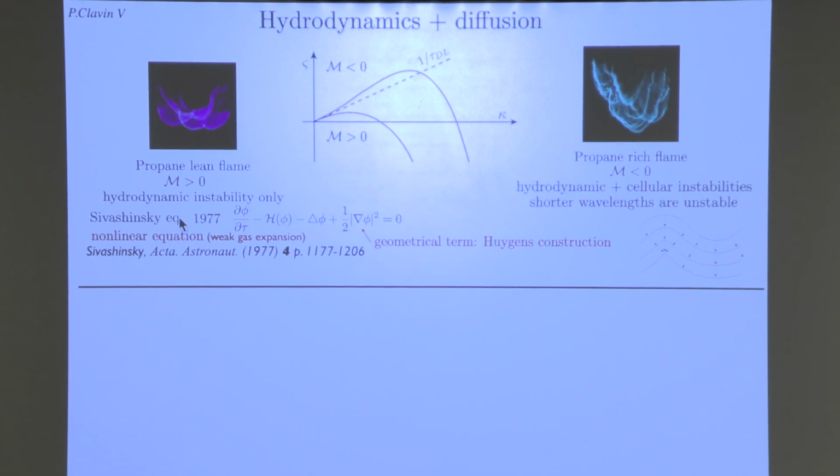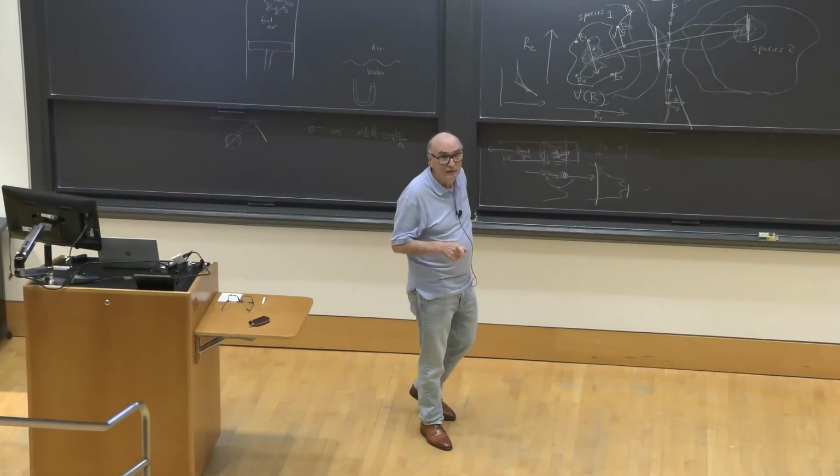It turns out that the effects appear through a geometrical term which is associated with the Huygens construction, explaining these cusps that you have everywhere. And this was, in fact, Grisha Sivashinsky who did that when he was a student of Zeldovich, by the way.